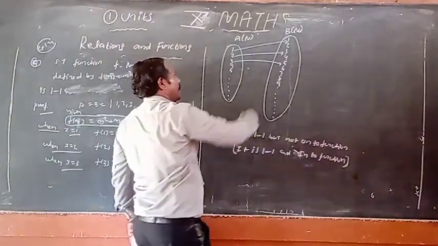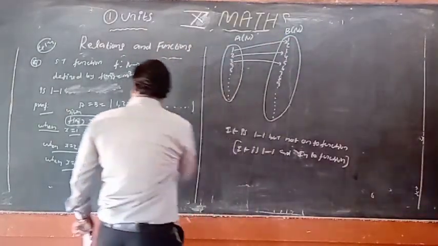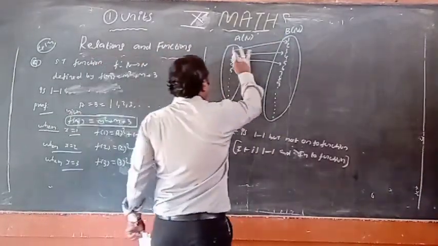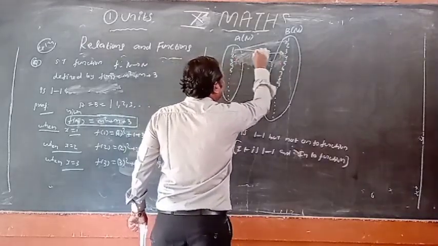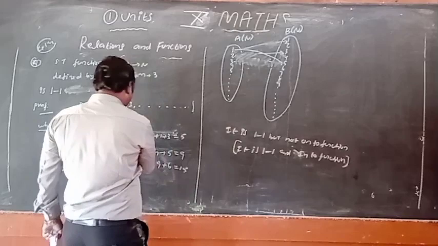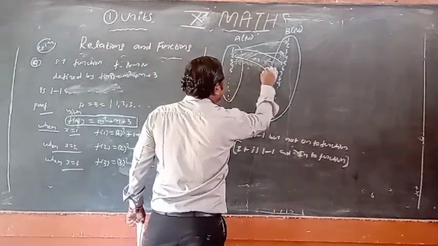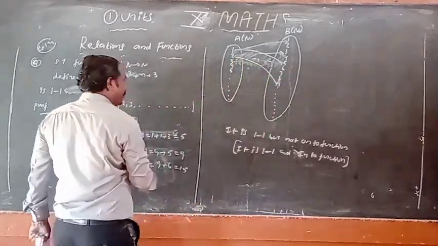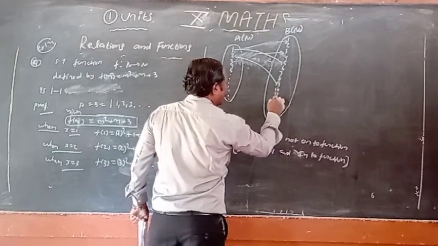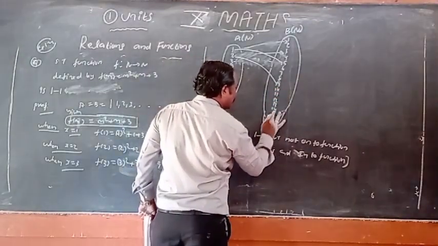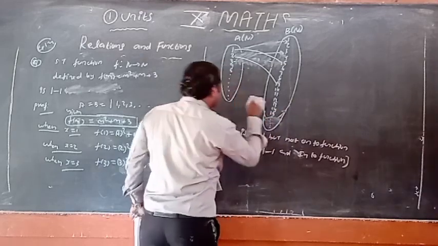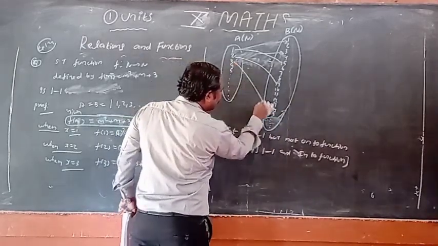Same like that, A to B. 1 substitute, what answer will come? 1 means 5. 2 substitute means 9. 3 means? So 10, 11, 12, 13, 14 and so on. 15 and so on. So 3 substitute means 15.